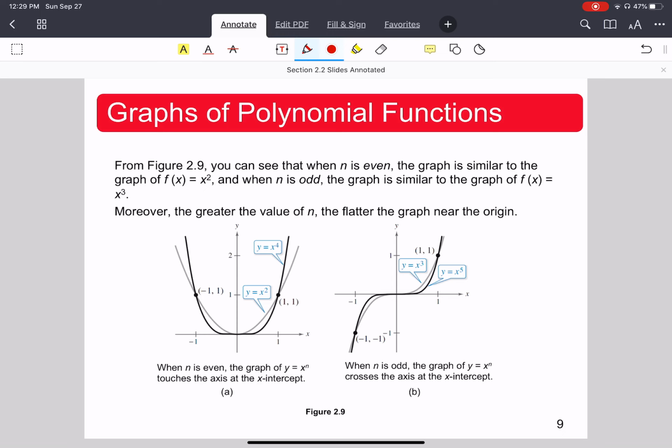The general idea here is that when n, the highest exponent, is even, the graph is going to look like the parabola on the left. It's going to touch the x-axis and have an x-intercept. Whenever n is odd, the graph is going to pass through the x-axis and have an x-intercept right at that point.